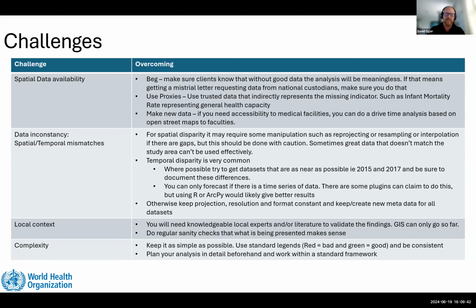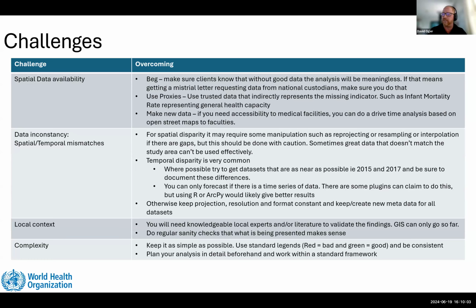There was a question earlier this morning, how do you deal with data inconsistency, so spatial and temporal mismatches? This is very often the case. Spatial disparity sometimes requires some manipulation, either reprojecting or resampling, or in some cases interpolation of the data.